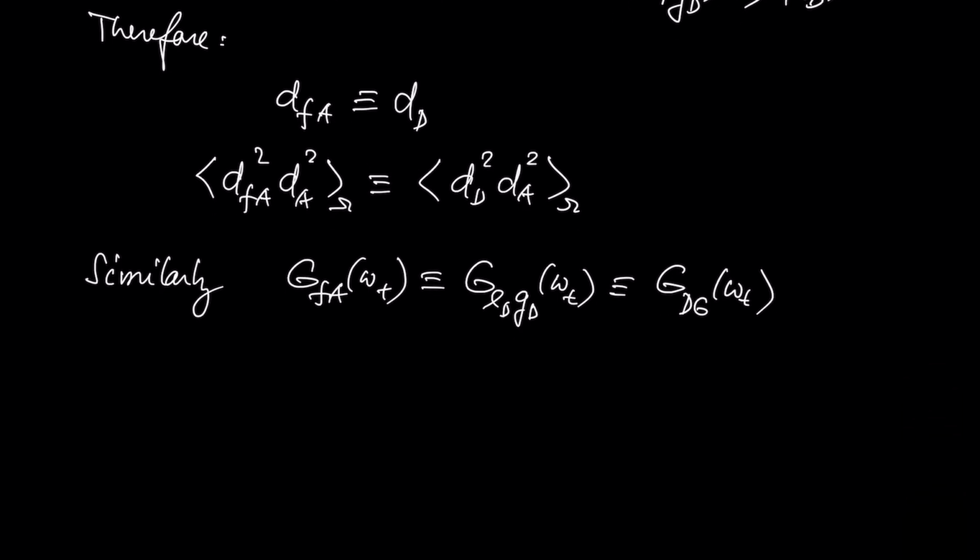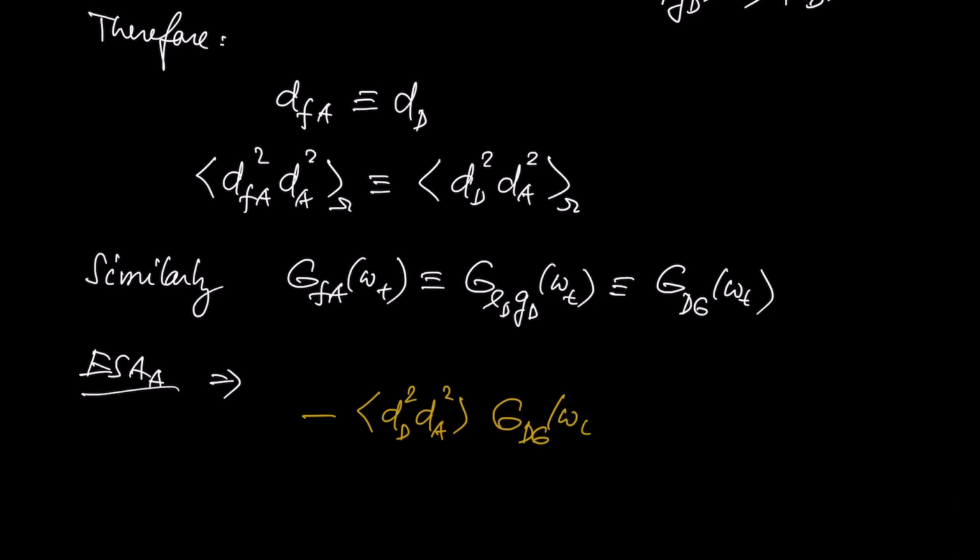So altogether we can write that the SA is minus d square dA square g dg omega tau uAA t, real part a g omega tau.